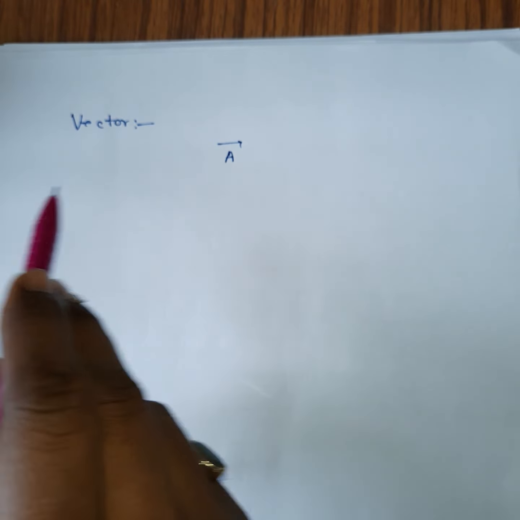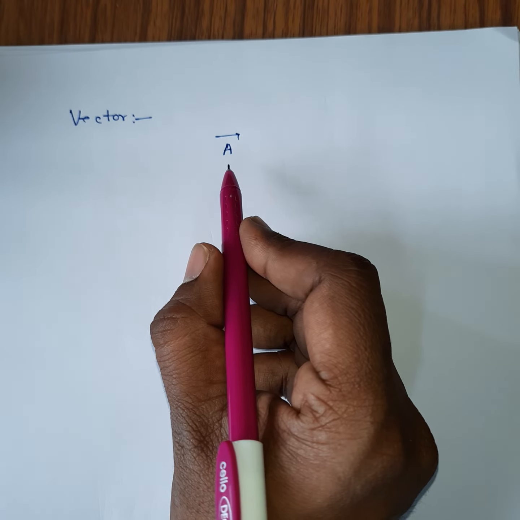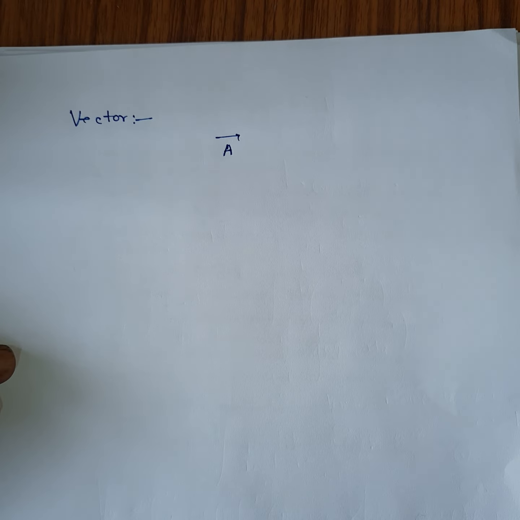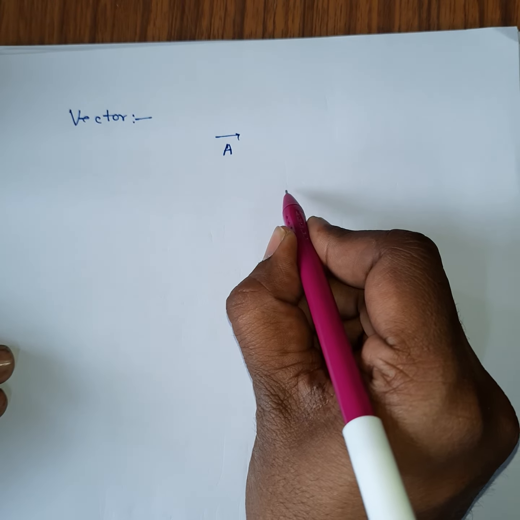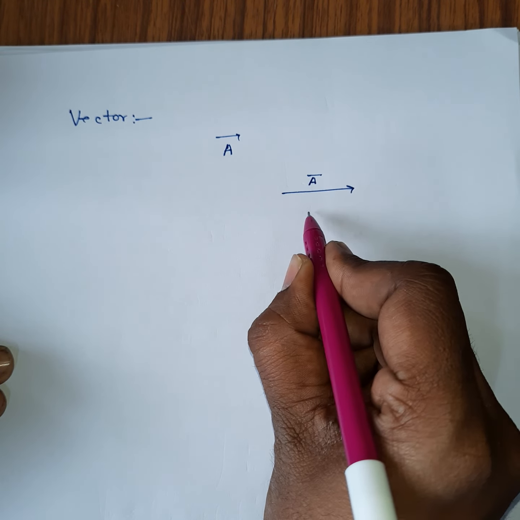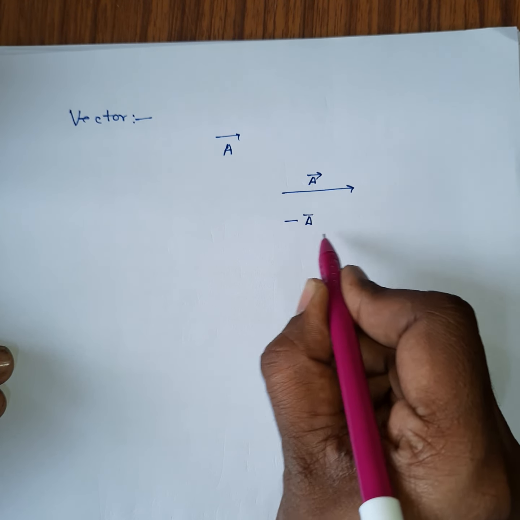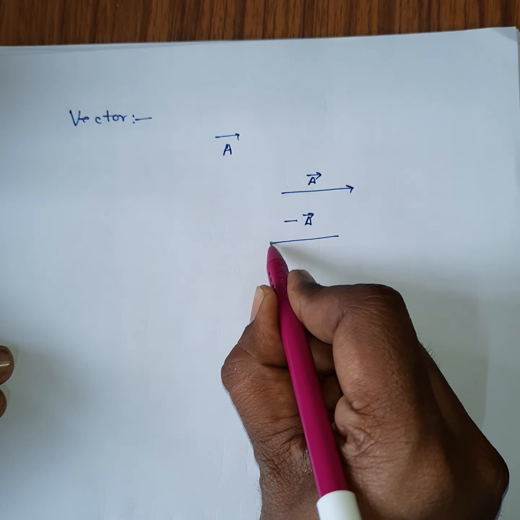So vector is, you are already familiar with this notation. So you know that if there is a vector A in this direction, then minus A vector can be denoted like this.